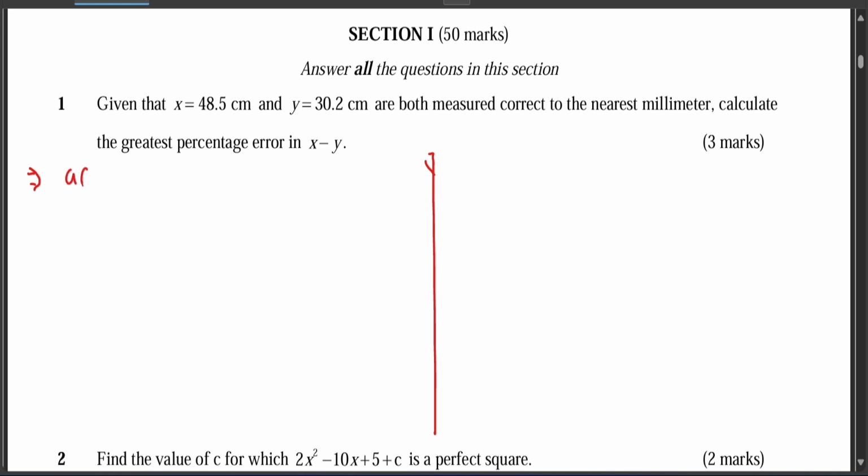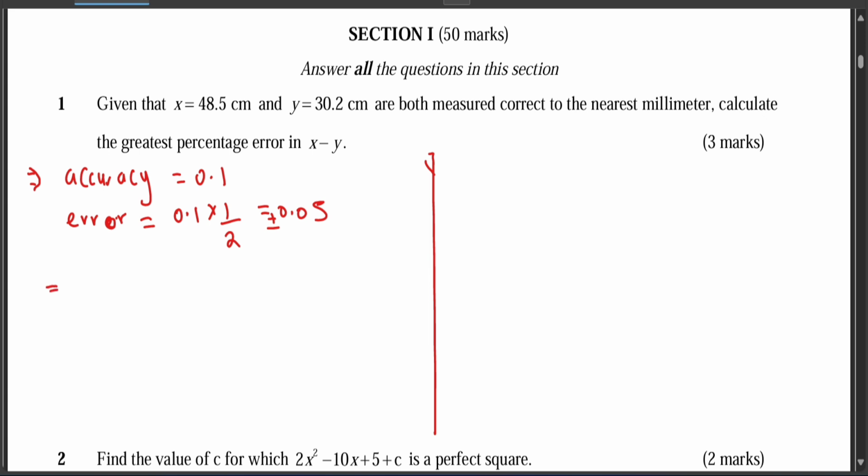The accuracy level here is to the nearest millimeter, which is 0.1 centimeter. To find its error, it's just 0.1 multiplied by a half. So you take 0.1 divided by 2 to give you 0.05. So you either add or subtract 0.05 from each of these numbers.